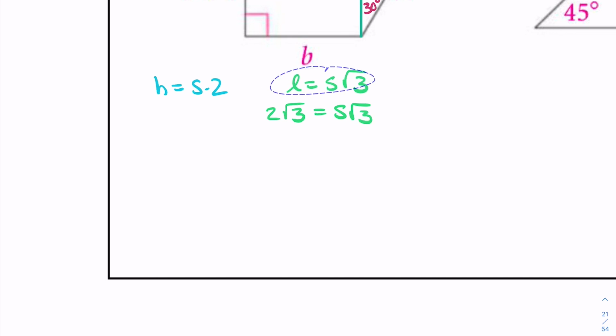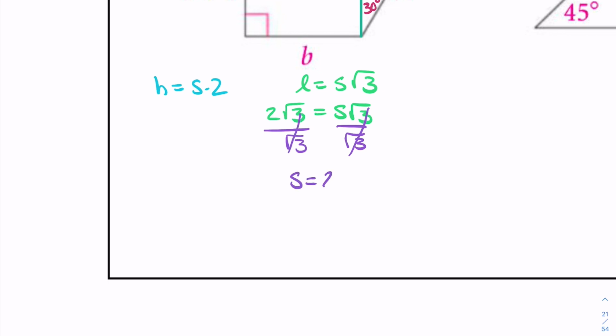Ooh, thank you for that. They gave us a decent one to work with. So we're going to divide by the square root of 3, and we get S is simply 2. Now we'll evaluate it in here, and we'll get H equals 2 times 2, so H equals 4.